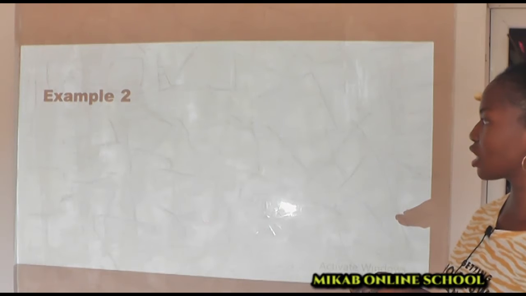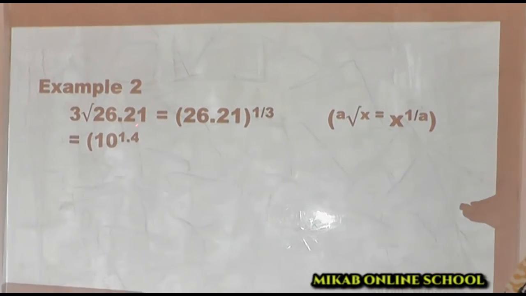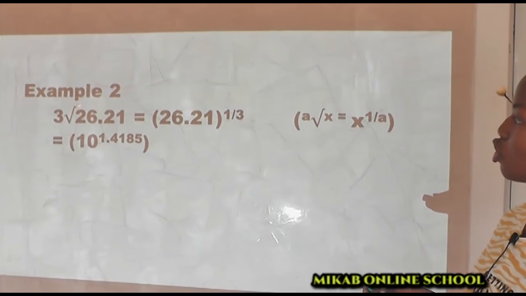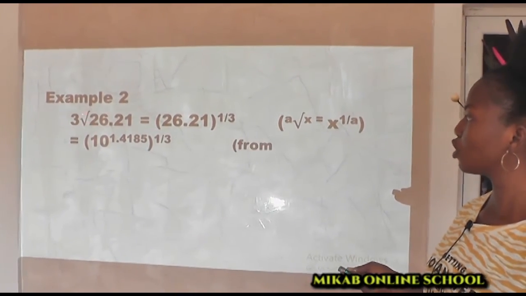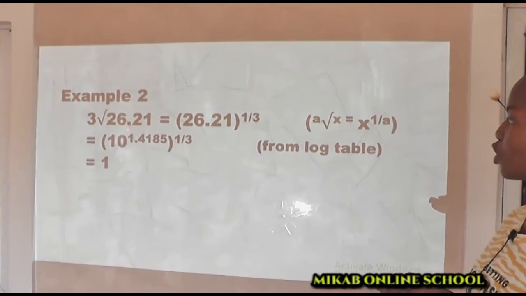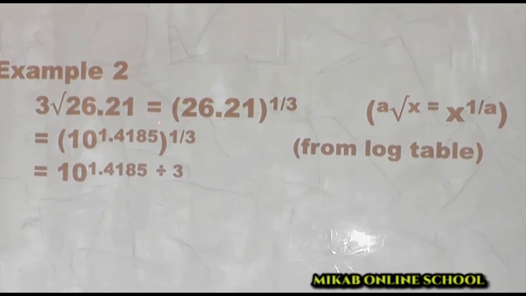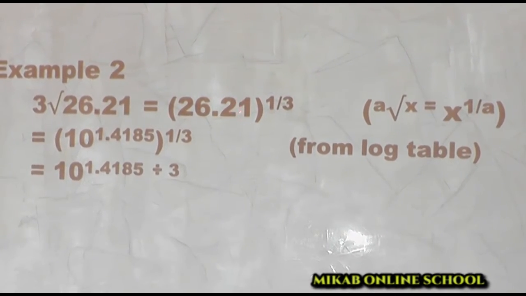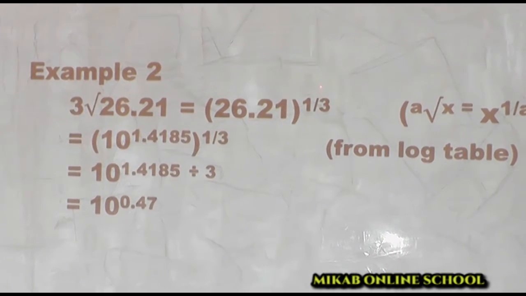And the second example, we have the cube root of 26.21, and that means 26.21 raised to the power of 1 over 3.